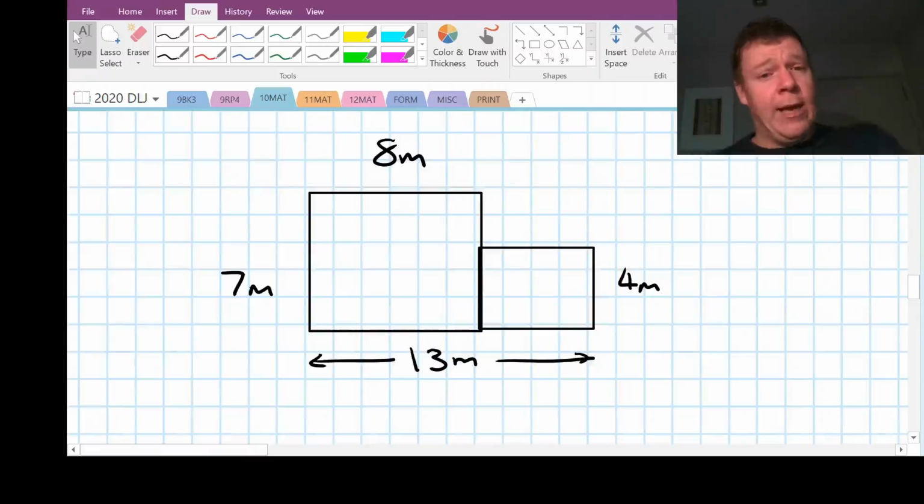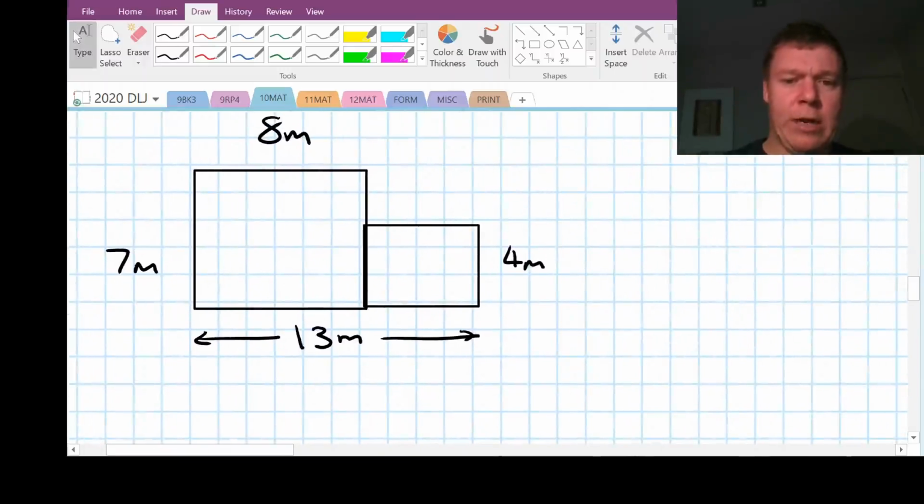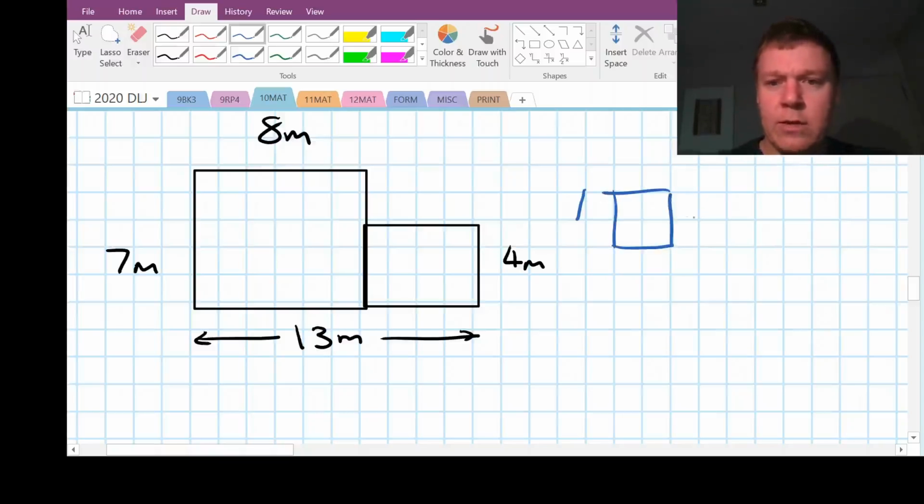This is the same problem we had before, except this time we're going to work out the area. There's a couple of ways you can do it. The most obvious way is to do the big square plus the little square.